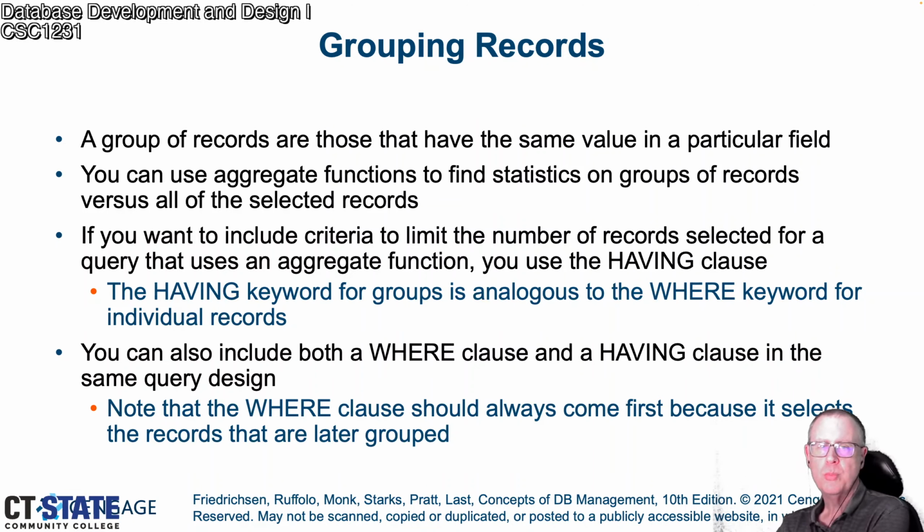Sometimes you want to group together records that have the same value and then use aggregate functions on those grouped records. So to do that, you often use the HAVING clause, which is different from but analogous to the WHERE clause.